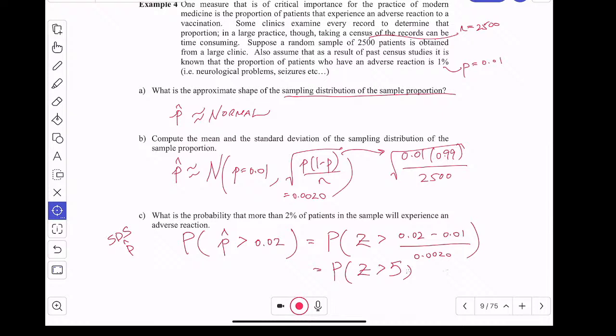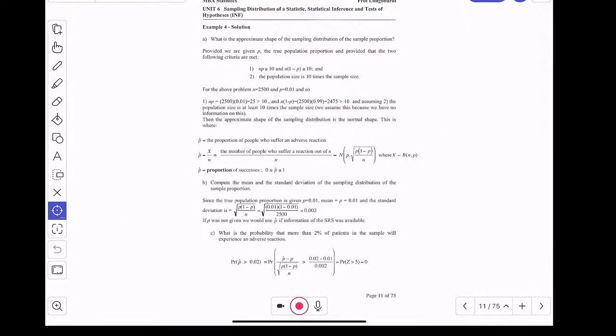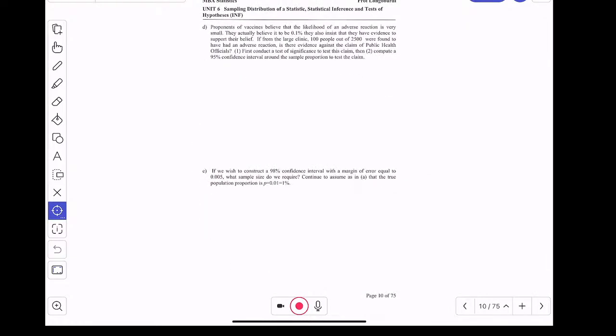In fact, it's 5 standard deviations away. So it's a very tight distribution, around 1%. So the chance that more than 2% will experience an adverse event is 0. Let me make sure. Yeah, I did.